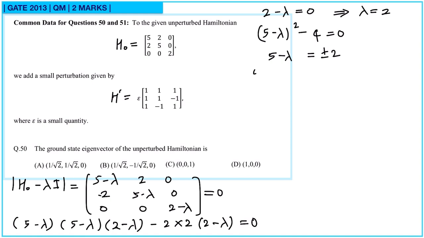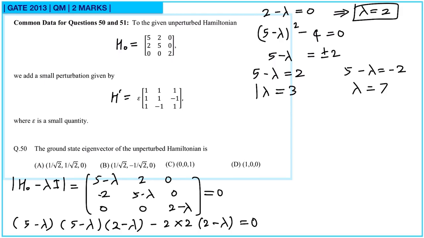So if 5 minus lambda is 2 and if 5 minus lambda is minus 2, in that case lambda will be 5 minus 2, that is 3, and here lambda will be 5 plus 2, that is 7. So we are getting 3 values: lambda is equal to 2, lambda is equal to 3, and lambda is equal to 7.